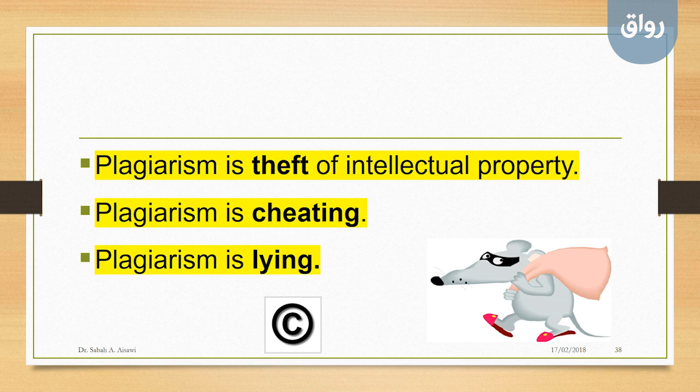These are three moral issues that we should be aware of. Stealing, cheating, and lying are three things that we teach our young children to avoid since a very early age, because they are really despicable, they are repulsive, they have very bad consequences.